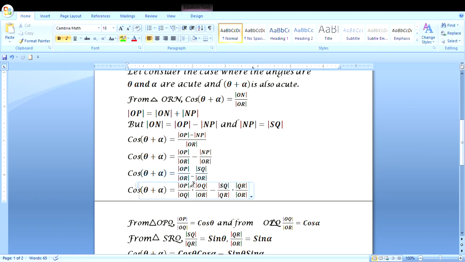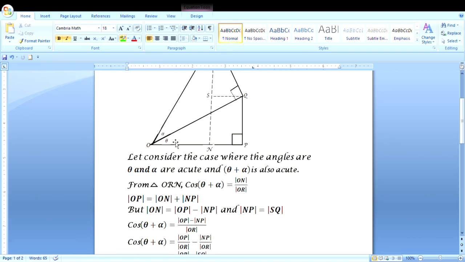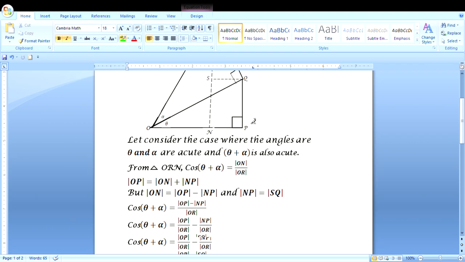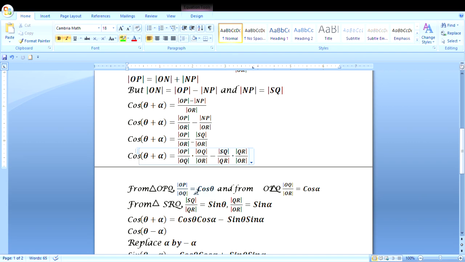Now let's look at what ratios are involved. What connects the line OP and the line OQ? From triangle OPQ, we see that the ratio of the line OP over the line OQ is cos theta. We are looking at angle theta here. OP is the adjacent to this angle, and OQ is the hypotenuse. So the line OP over the line OQ is cos theta.